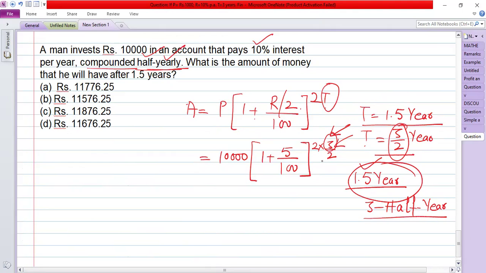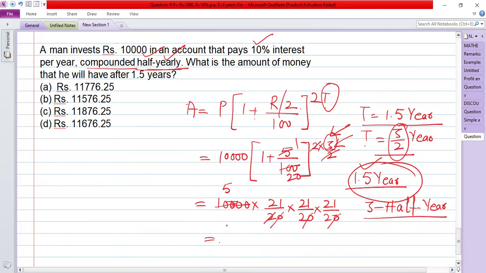We will have 3. Actually, these 2 will cancel out. So remaining, it is nothing but 1 plus 5 by 100, which is 21 by 20. So once again, it will be 10,000 into 21 by 20, but again 3 times. So these 3 zeros will take out this, and one more will take out this.